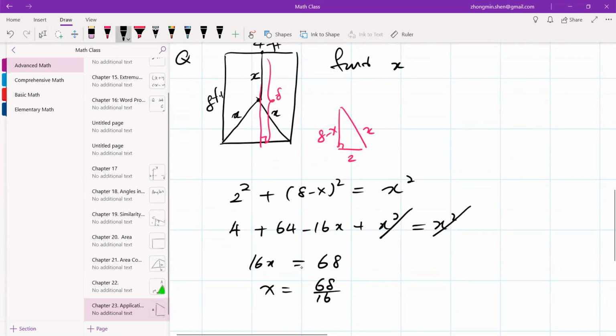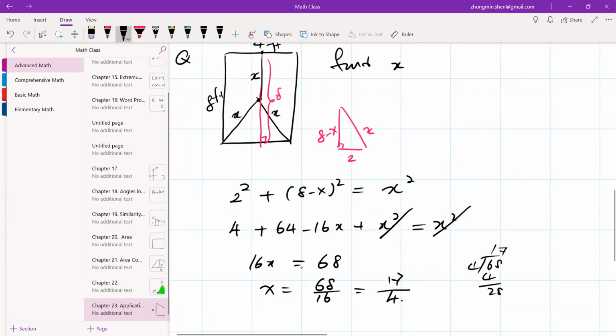You can divide by 4, I think. 68 divided by 4 is 17, so x is 17 over 4.